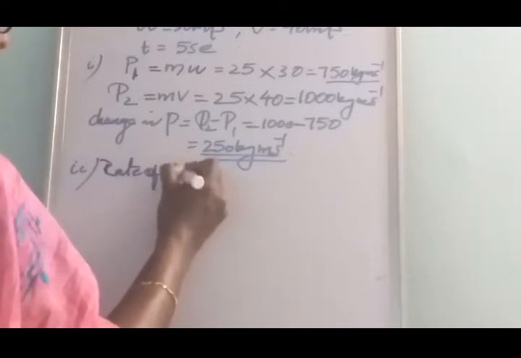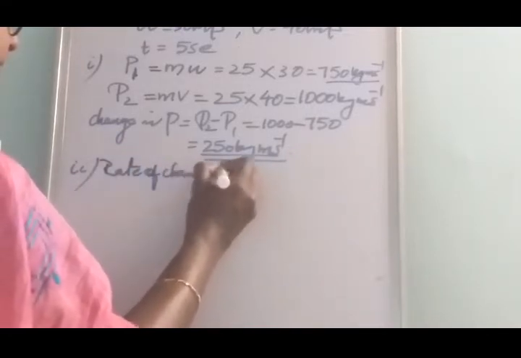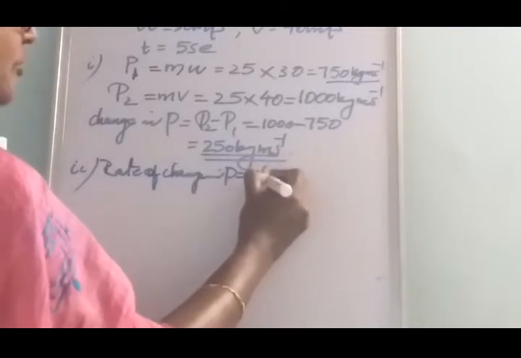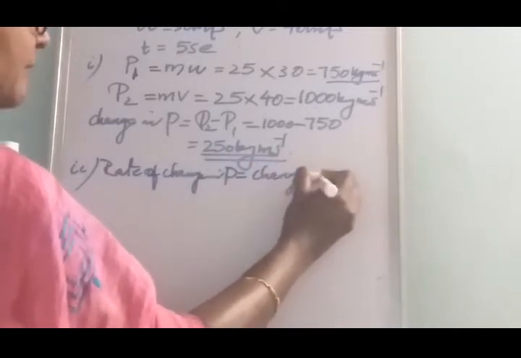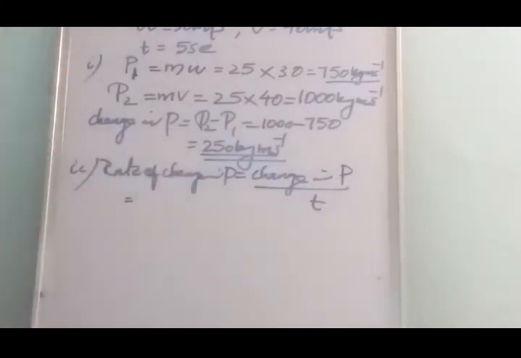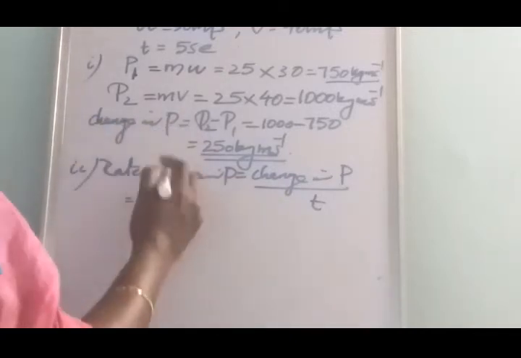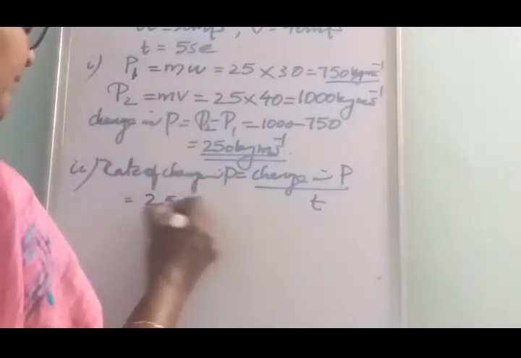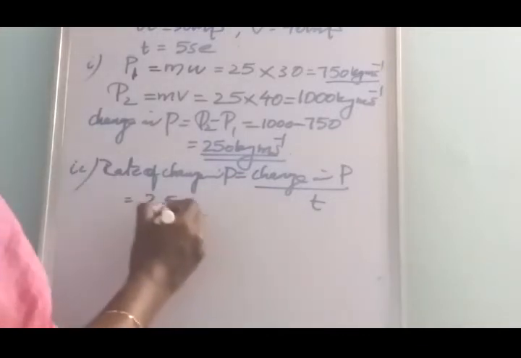Rate of change in P, that is change in momentum, change in P divided by time T. Change in momentum divided by time will give the rate of change in momentum. Here the change in momentum is 250, divided by time, which is 5 seconds.